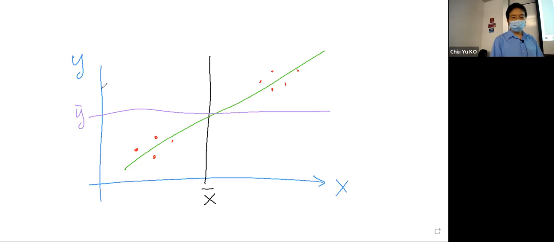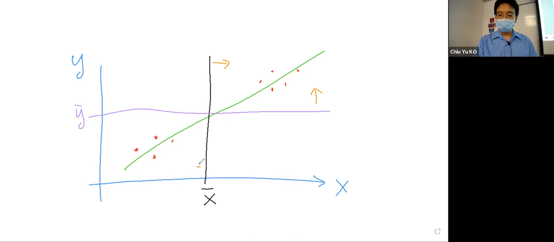When x is above its mean, x bar, so it's all the observations that are on the left of x bar, okay? When it is on the left of x bar, it's above the y bar, right? So here, look at this, when this is on this side, it's also on this side, right?